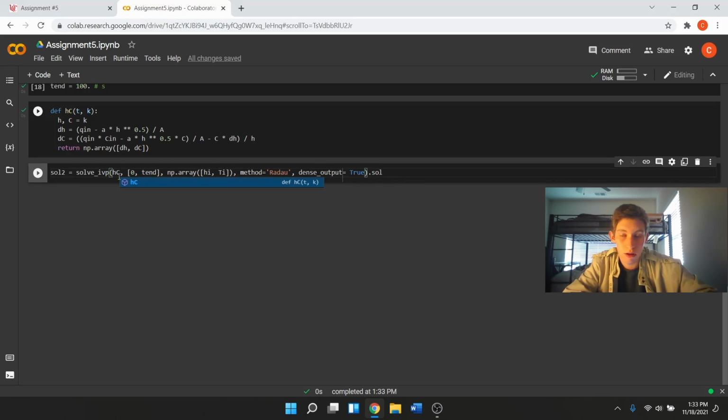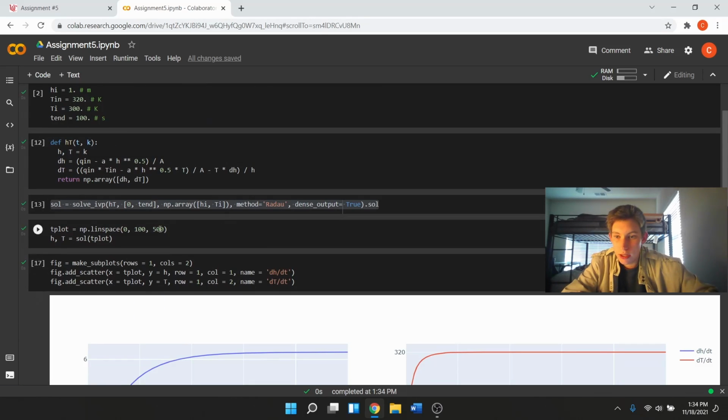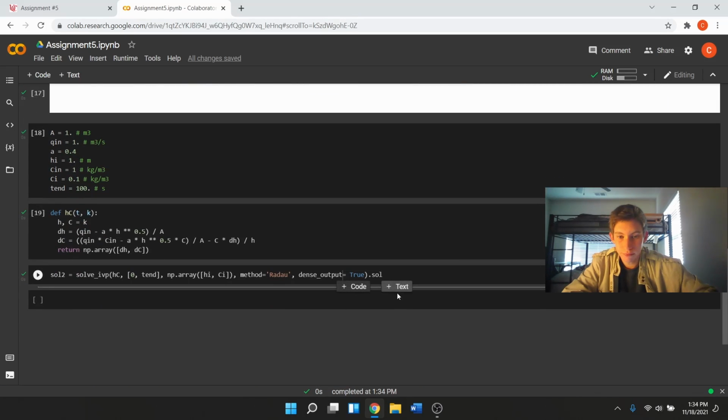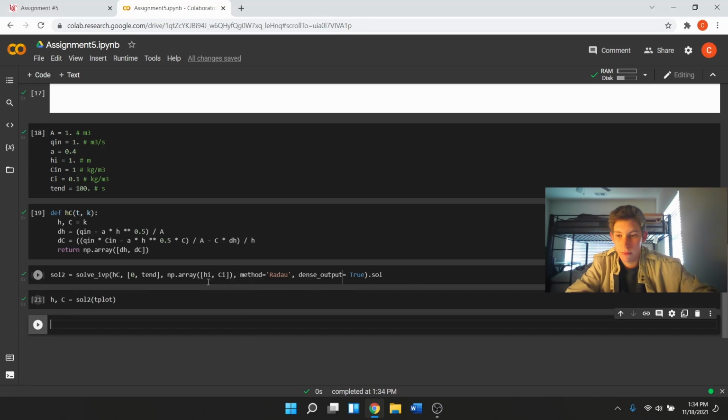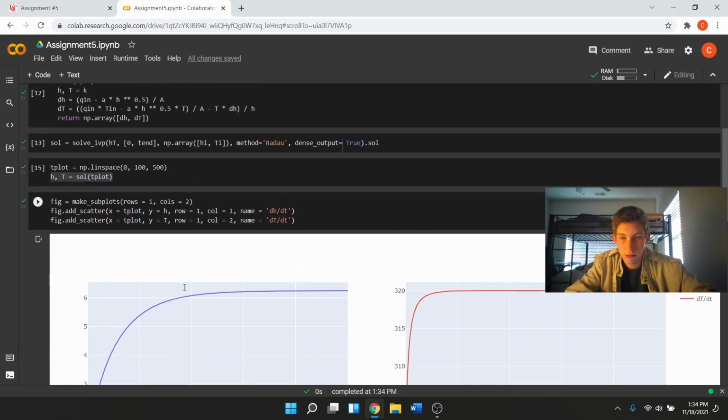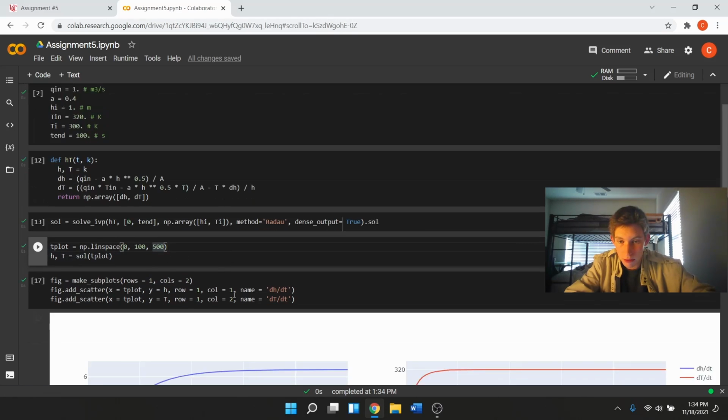And then we're going to look at our height and concentration function. Same time span, however with initial concentration. We still have to do this here, but we don't have to set up another set of time points because it doesn't change with our problem.